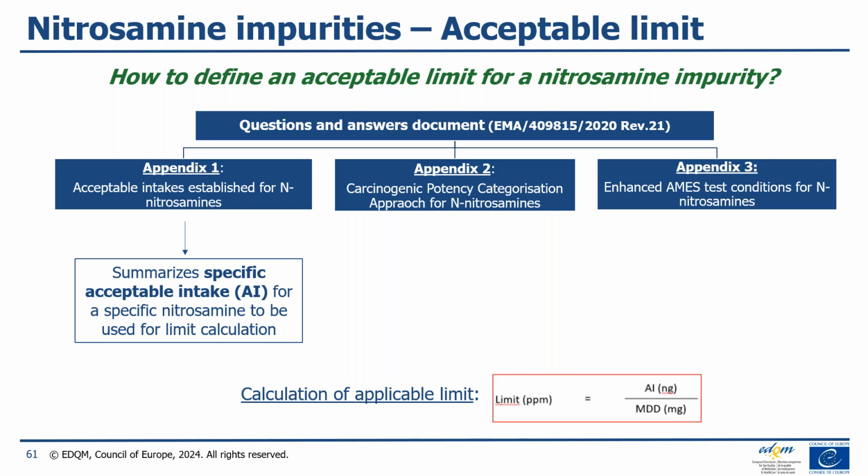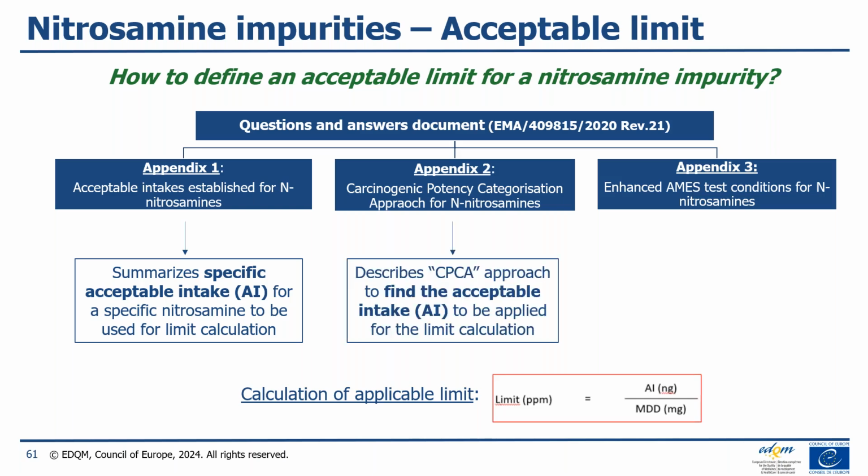Then if it is not reported in Appendix 1, you should follow the CPCA approach, which is described in Appendix 2. This will allow you to know which acceptable intake to use for the limit calculation, depending on the chemical structure of the impurity.